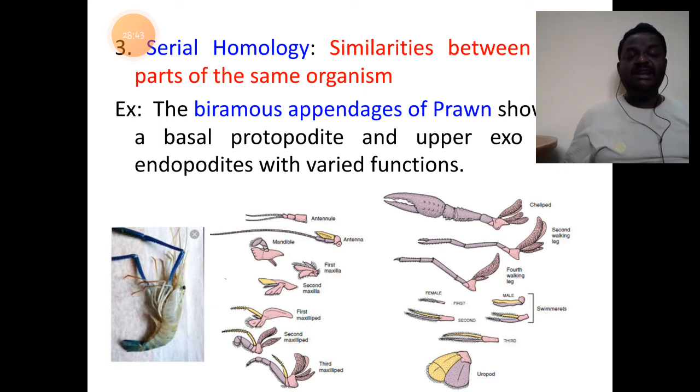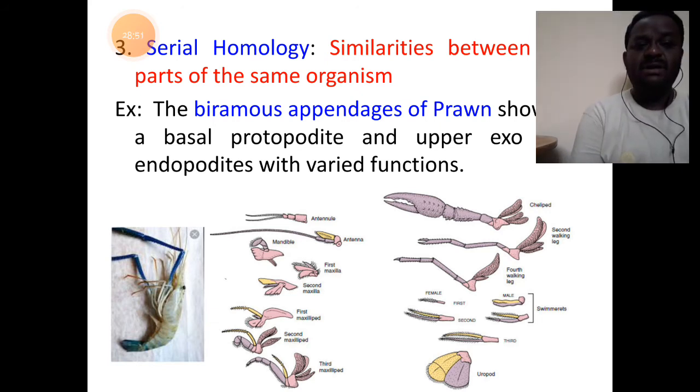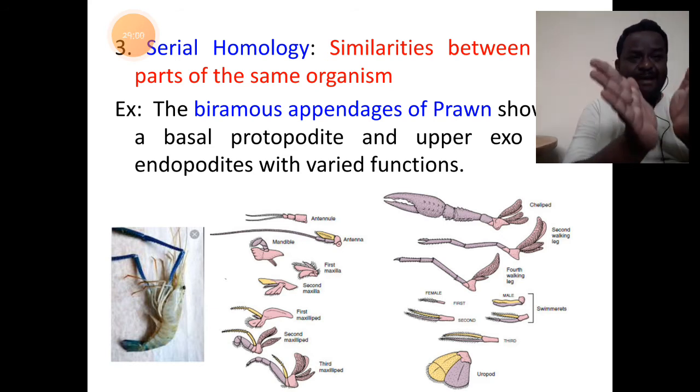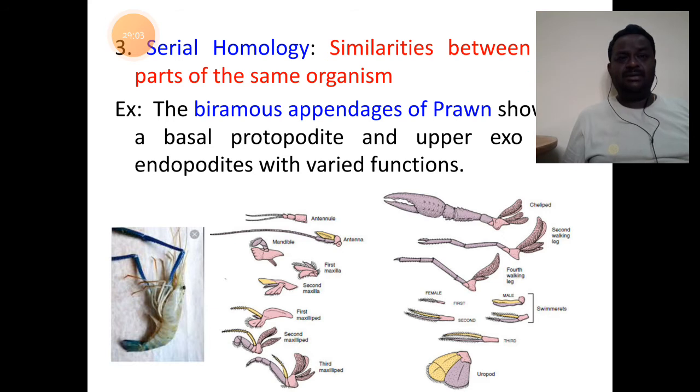All this you have studied in your lower classes. So when we look at these, all these appendages have the basic structure. It is biramous, I mean to say it is split into two at the free end.